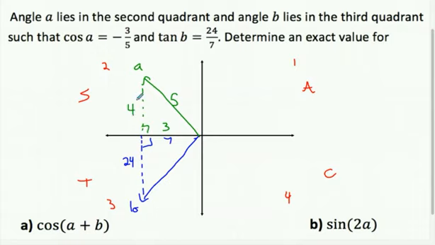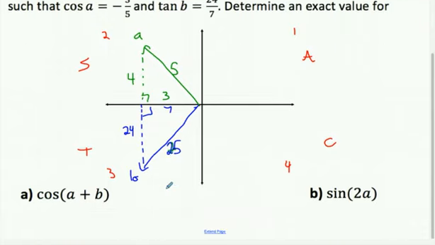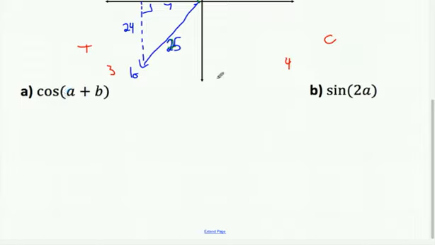And then I could also do 24 squared plus 7 squared, which gives me 625. If I square root that, I figure out that the hypotenuse is 25. So I have all the sides of both of these triangles, so I could get any of the trig ratios I want for both angle A and angle B. So I'm going to be able to answer both of these without actually solving for the angles.